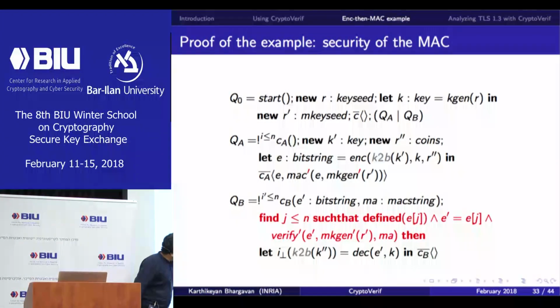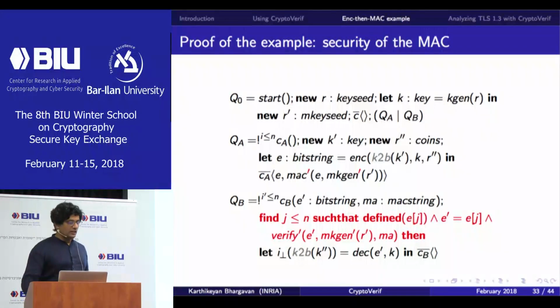So this condition down there, E prime equals E_j, is the crucial one. That's where I'm looking at the table of E's that have been MACed on the other side, and I'm saying the value that I'm verifying here has to be one of the E's that was assigned in some session of QA.